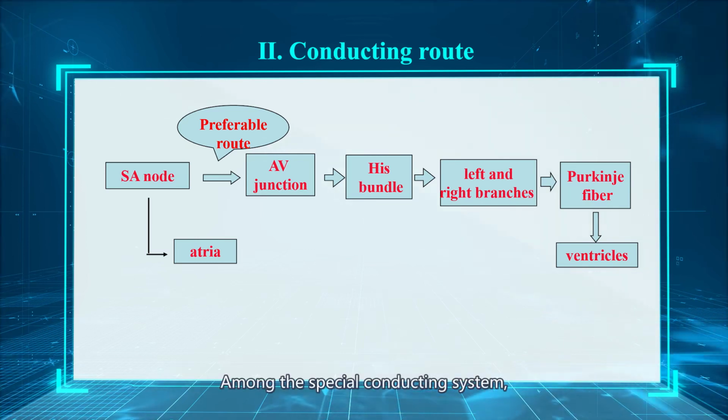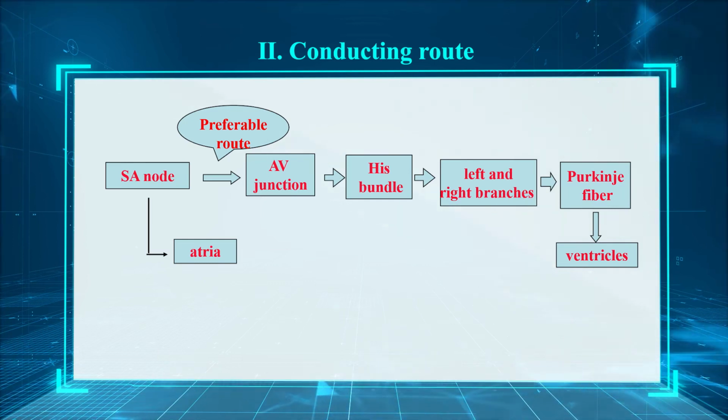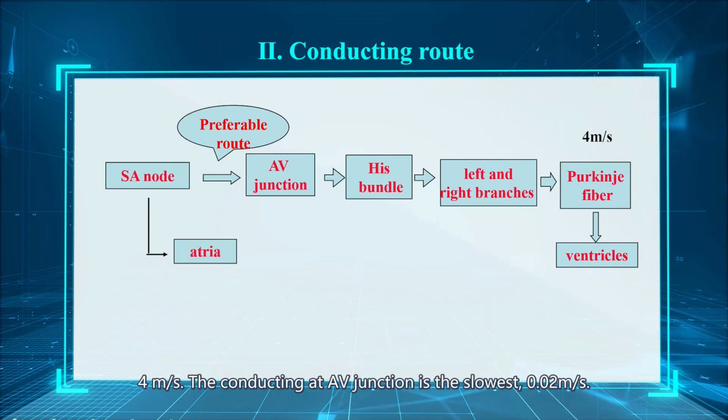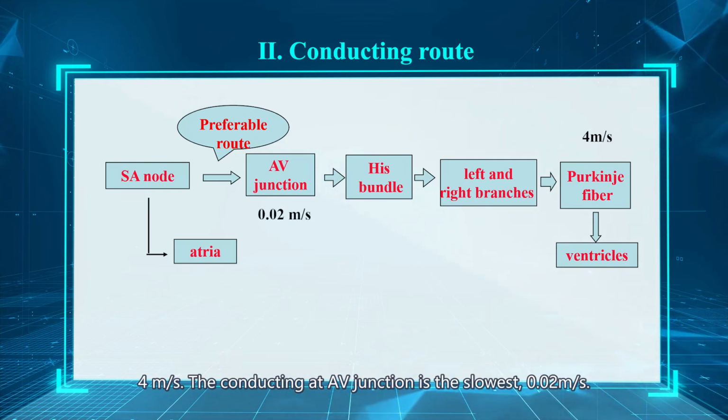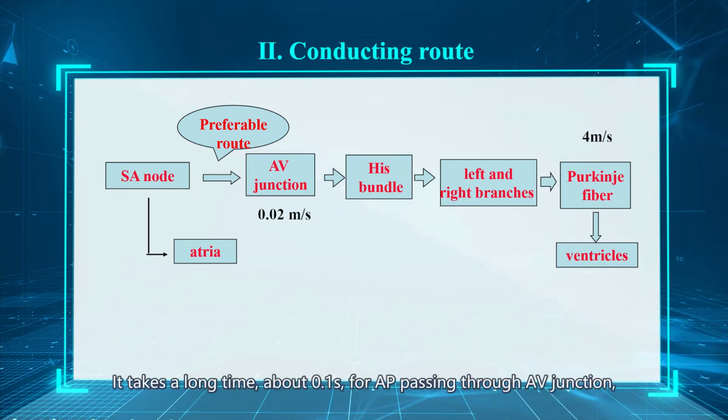Among the special conducting system, Purkinje fiber has the fastest conducting speed, 4 meters per second. The conducting at AV junction is the slowest, 0.02 meters per second. It takes a long time, about 0.1 second, for action potential passing through AV junction.